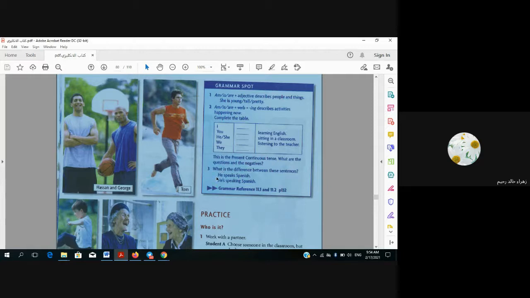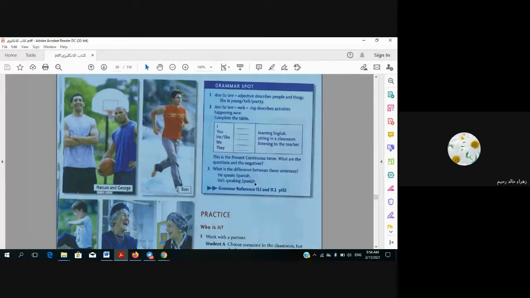What about the action؟ يعني هنا بالقواعد مضارع بسيط وهنا مضارع مستمر. But what they are mean? What they are describe؟ المضارع البسيط describe people and things، يصف الناس أو الأشياء.